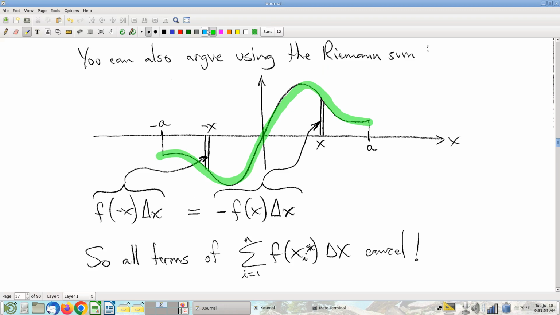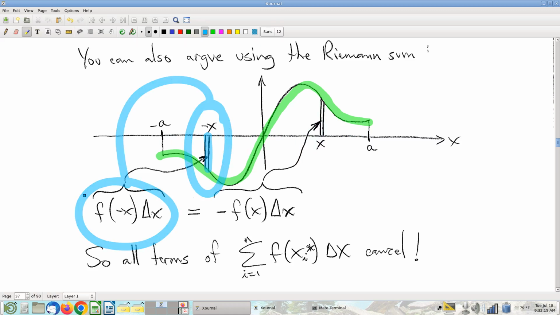And the terms in the Riemann sum, well, you've got a bunch of terms that you're adding up there, right? And in particular, I want to look at 2 of those terms. We'll look at this term right here, where negative x is the x value for that term, if you will.